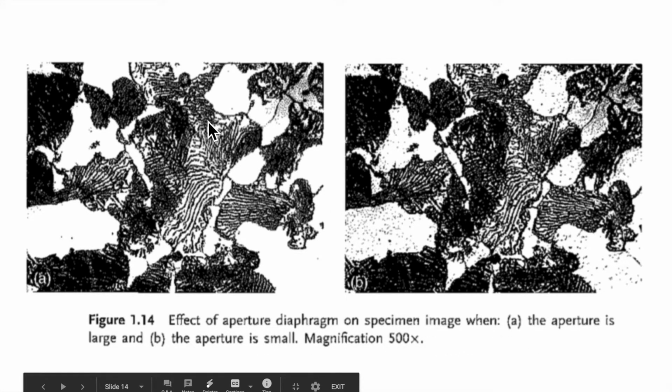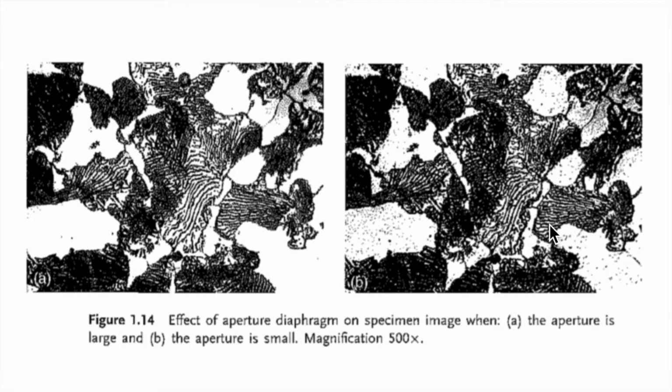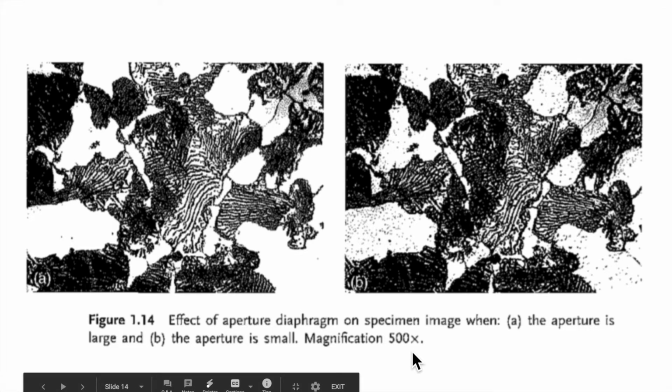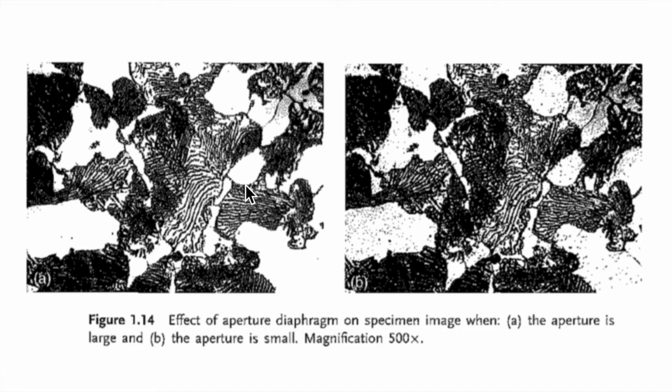A over here on the left is where we have a large aperture, and B is where we have a small aperture. The image is a little grainy in your textbook, and both of these were taken at 500x. A lot of the image quality is because it was printed in our book.